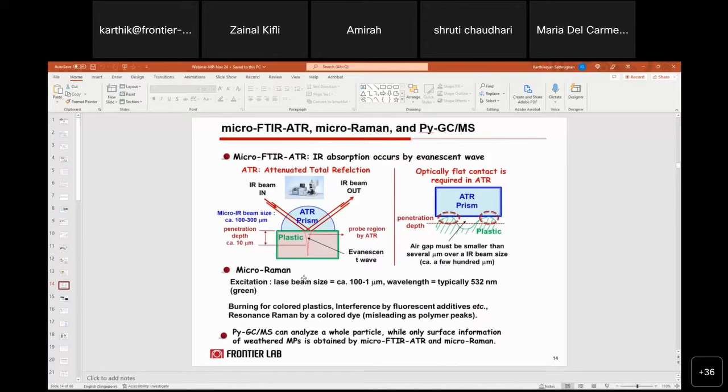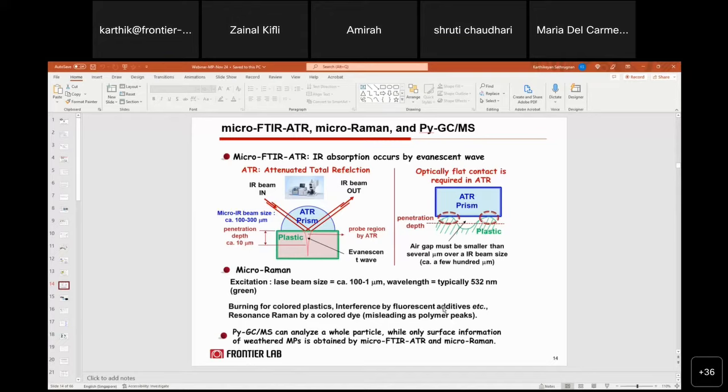For micro Raman, colored plastics and interference by fluorescence, such as additive fluorescence, may be a kind of interference that one may face. Compared to the spectroscopic technique, pyrolysis GCMS can analyze the whole particle, whereas spectroscopic techniques are generally collecting surface information, which is not necessarily true for a microplastic particle, because the particle itself is very small.